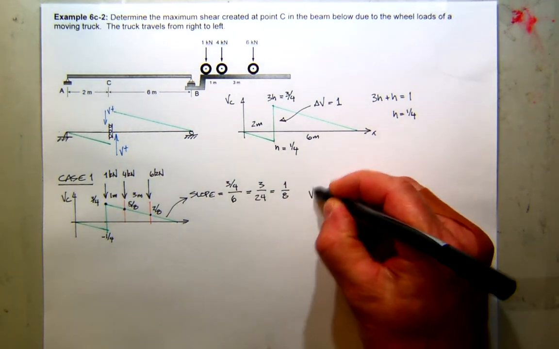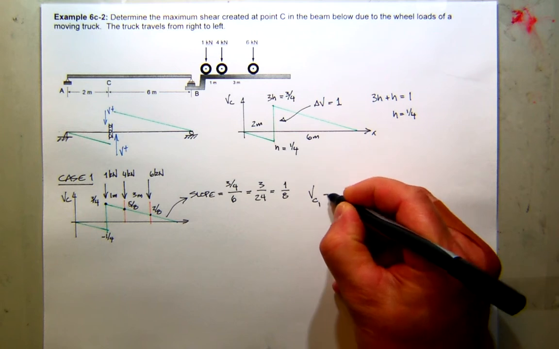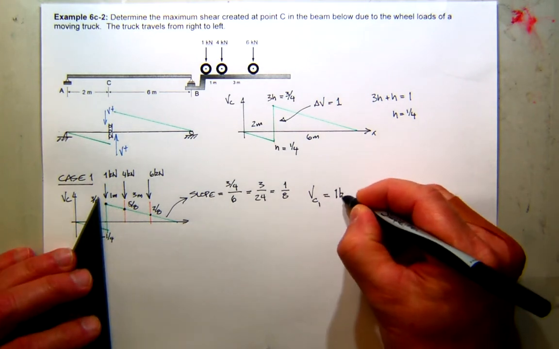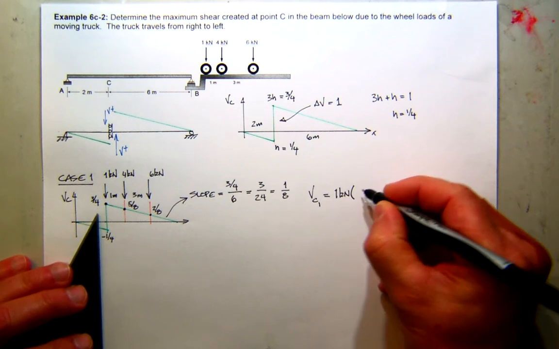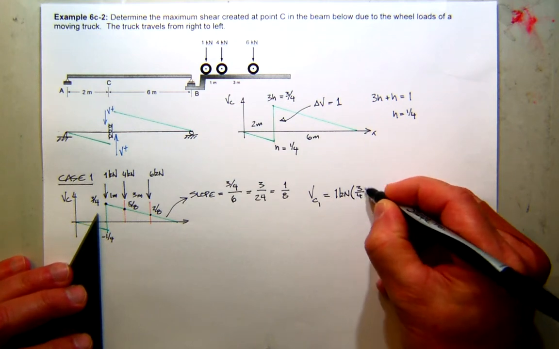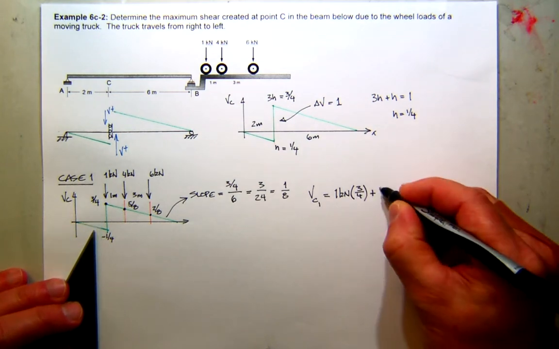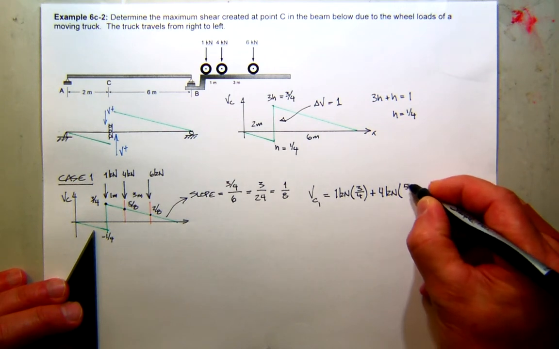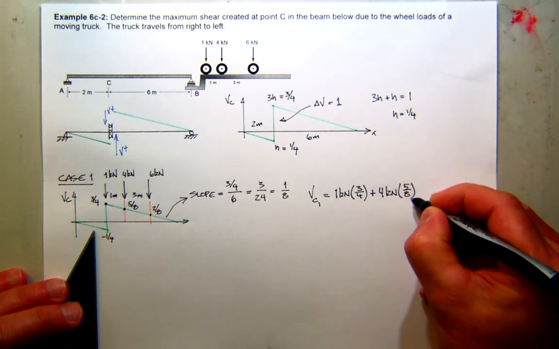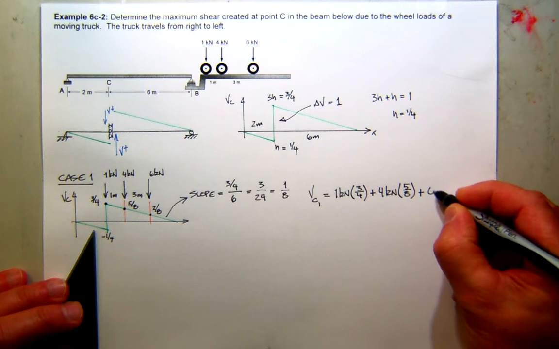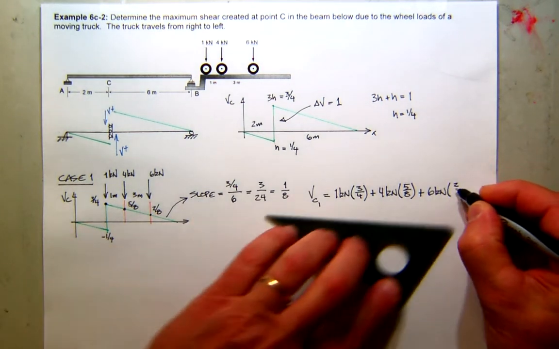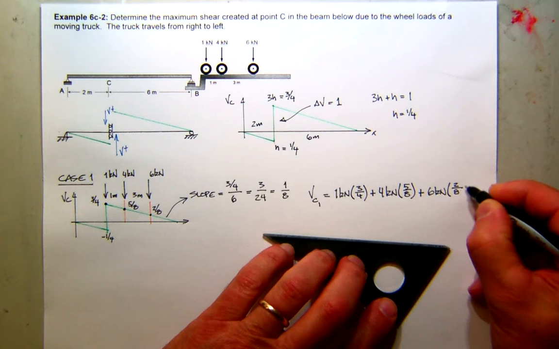So therefore, my shear at C for case 1 will be the front load, 1 kilonewton times 3/4, plus 4 kilonewtons times 5/8, plus 6 kilonewtons times 2/8.